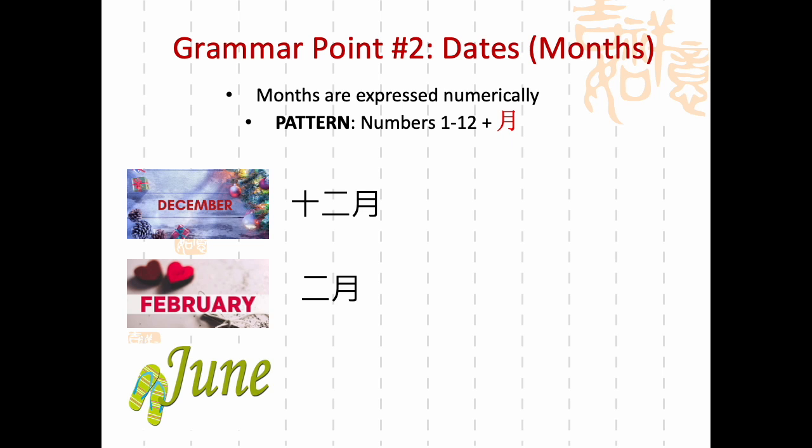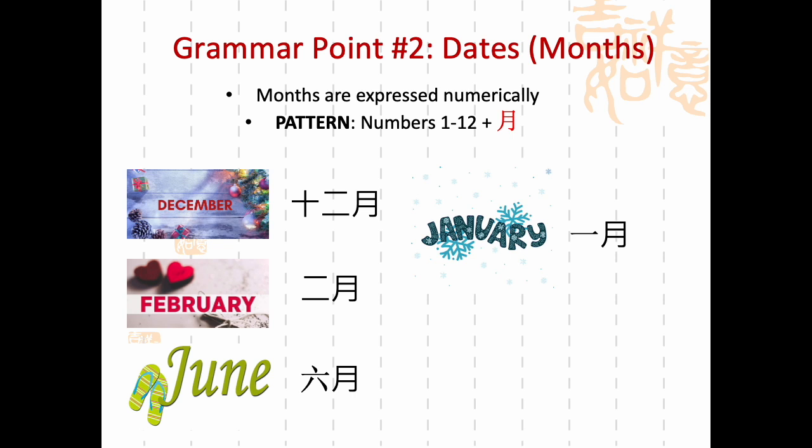What about June? 中文怎么说? June is the 6th month of the year, so we would say 六月. January? January is the first month of the year, so we would say 一月. And finally, October. How would we say that? 十月. October is the 10th month of the year.